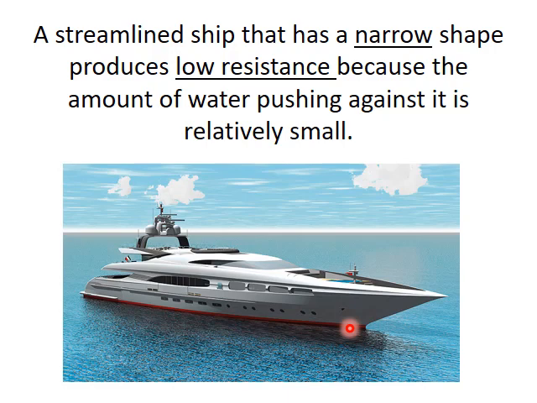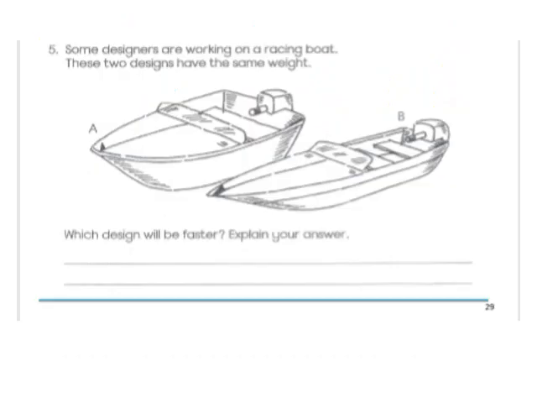Why? Because it will not allow much water to hit against their body and slow them down. So a streamlined ship, as I told you, that has a narrow shape produces low resistance, because the amount of water pushing against it is relatively small.